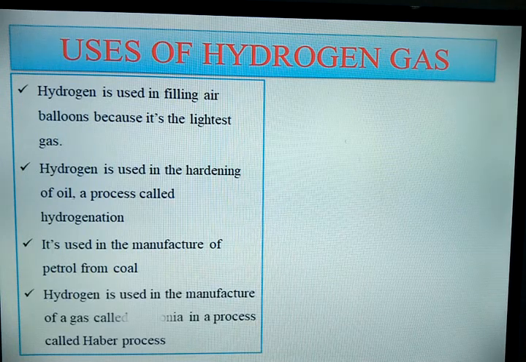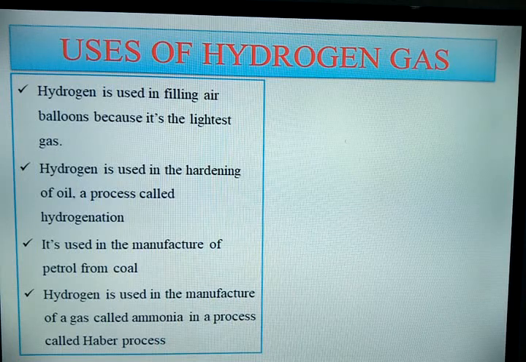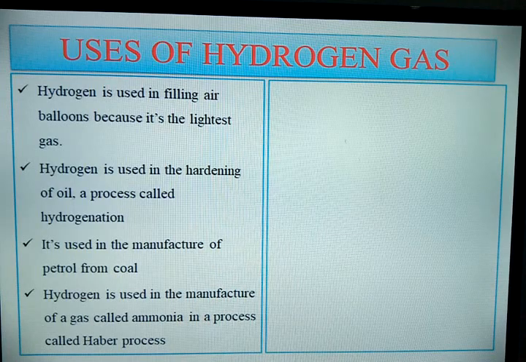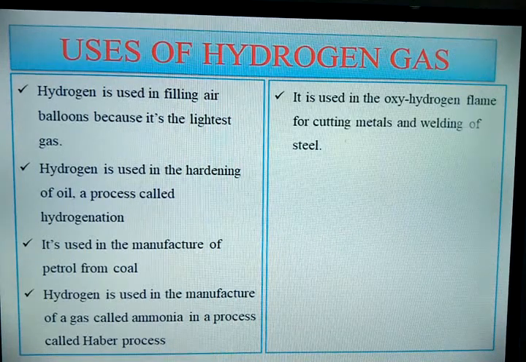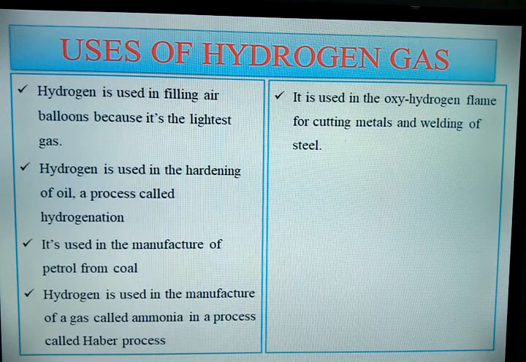Then it is used in manufacture of ammonia on a large scale, and that large scale process we call the Haber process. Still it is used in oxyhydrogen flames for cutting metals and welding of steel. I think this is very common.